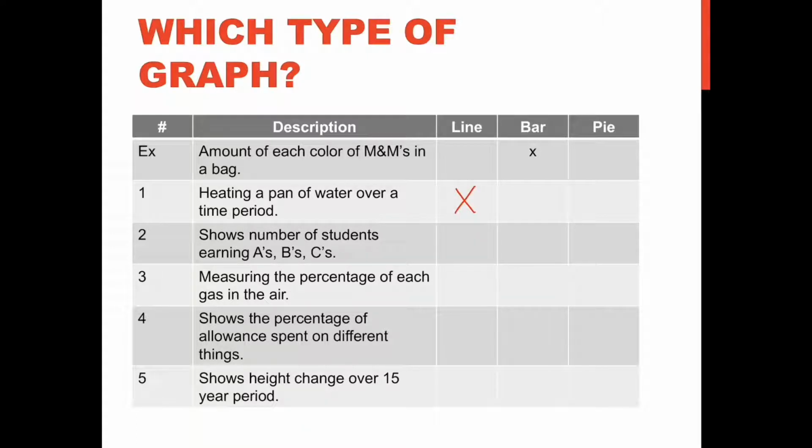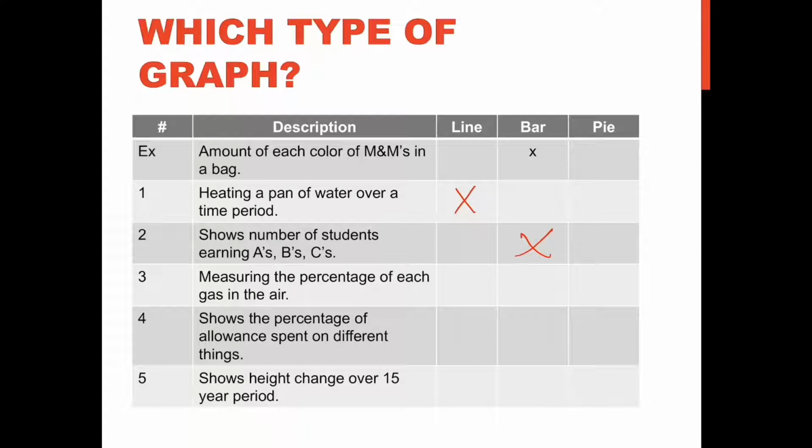So this would be line graph. What about shows number of students earning A's, B's, and C's? Well, we're going to look at the number of students who earn A's, look at the number of students who earn B's, and look at the number of students who earn C's. So in this case, we would use a bar graph.